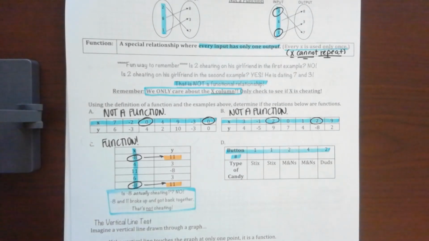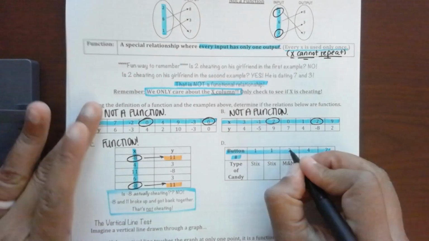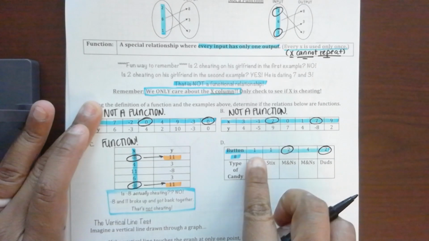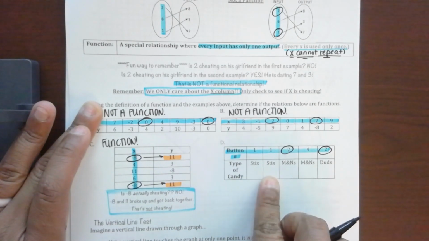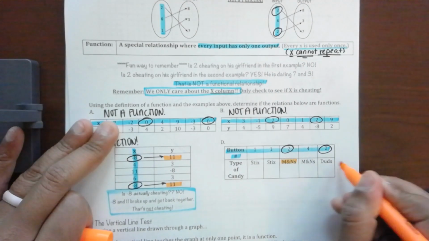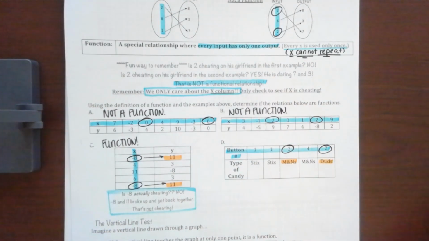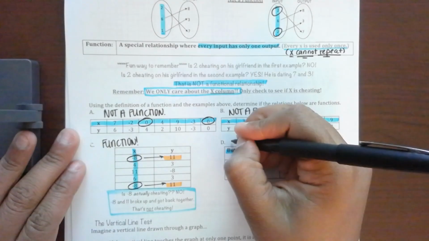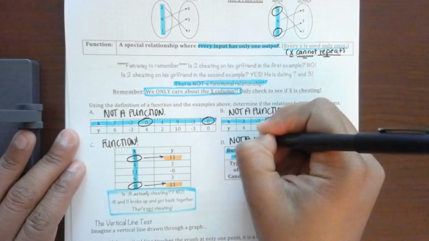Do I see function or not a function? Not a function. Why do you say that? Because of the 2, not the 1, because 1s are still both what? The sticks, right? But what are the 2s? M&Ms and duds. So we can't do that. Is that a function? Nope, not a function.